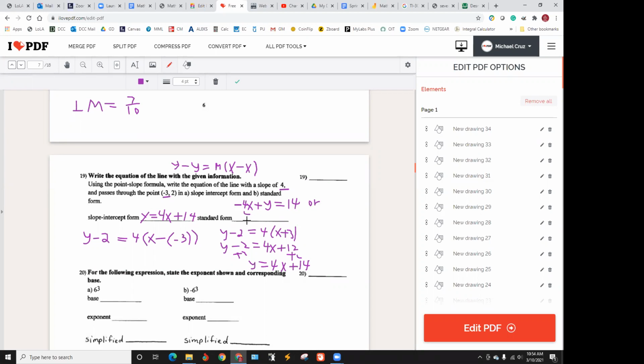So this is the safe one, and it'll protect you in future kind of scenarios if you go to a different book or something in a different school. But those two things are the same equation. And they're also, if you were to take this and solve for y, you get back to this one.